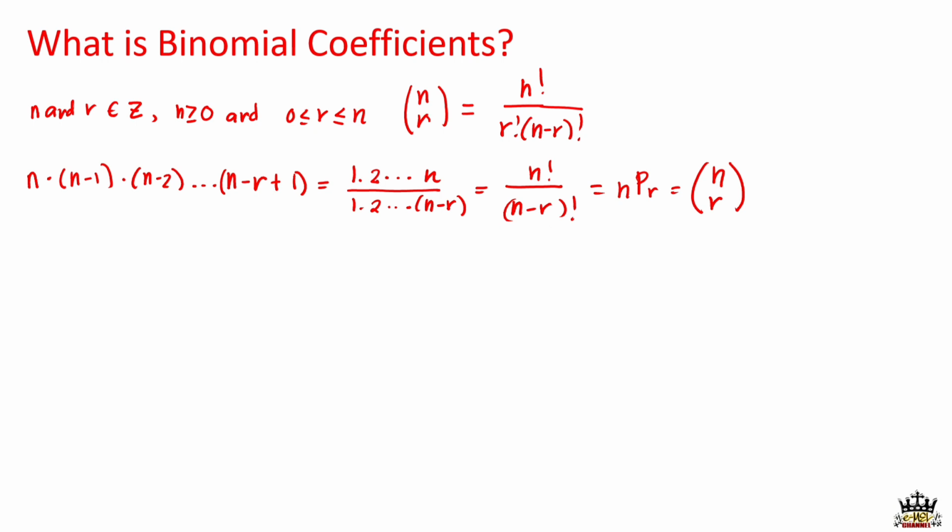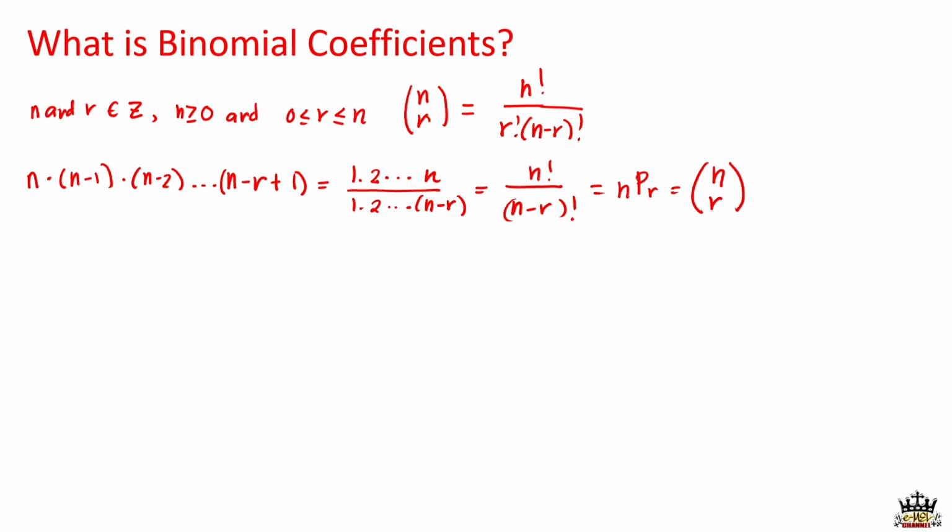However, since I don't care about the order in which I choose the r objects, only which r objects are chosen, I have to divide by the number of different orders in which I could have chosen the r objects. This is the number of permutations of r objects, which is r factorial.